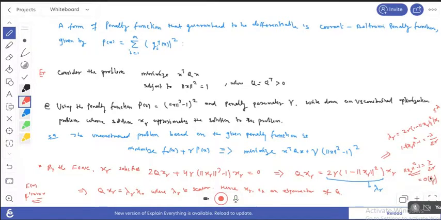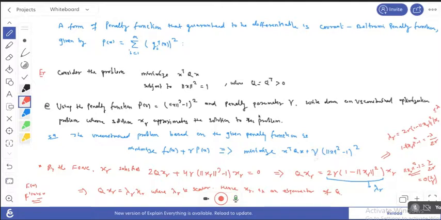Now, in this question, basically we are interested in writing any constrained optimization problem, that is, subject to the constraint, in the form of an unconstrained optimization problem, by using a penalty function and penalty parameter.